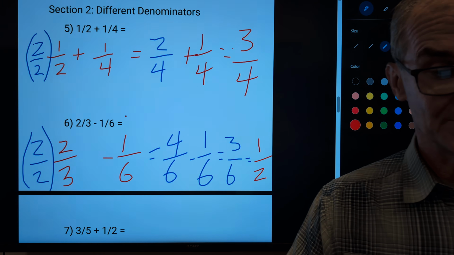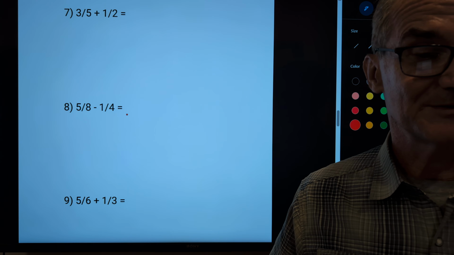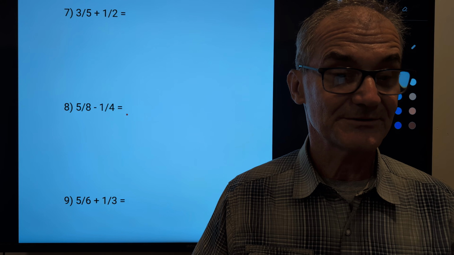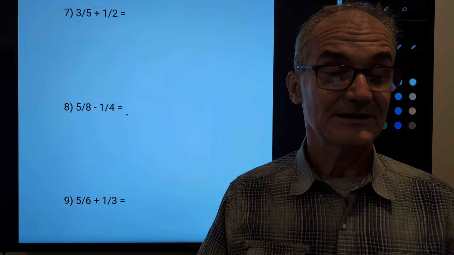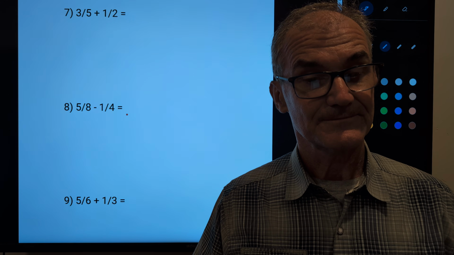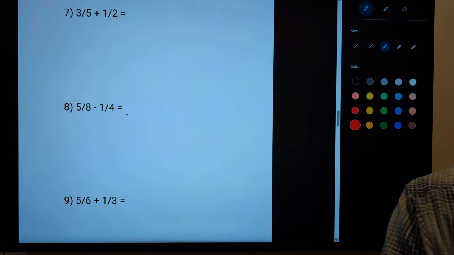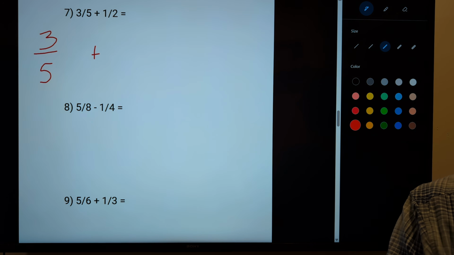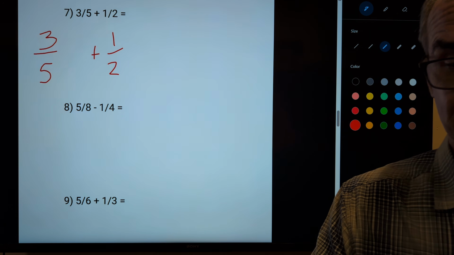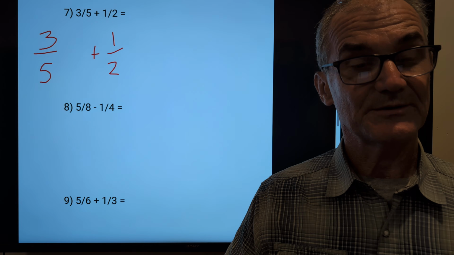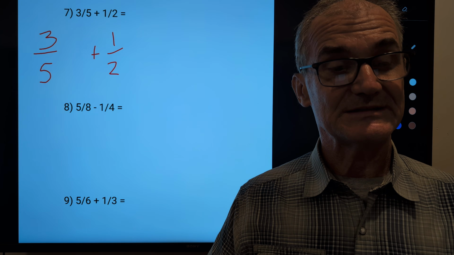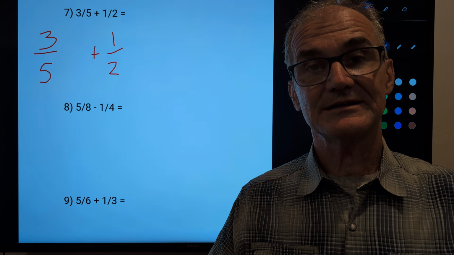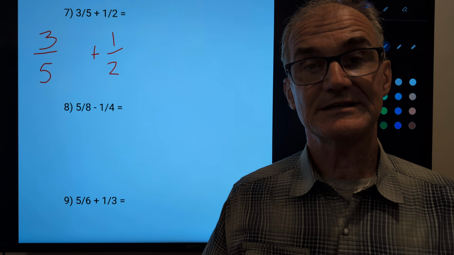All right, moving right along here to number 7, getting a little bit harder. Go ahead and give these a try. Here I have 3/5 plus 1/2. Well, I'm looking for numbers they both go into. That's going to be 10, right? 5, 10. The only number 2 will go into is 10.